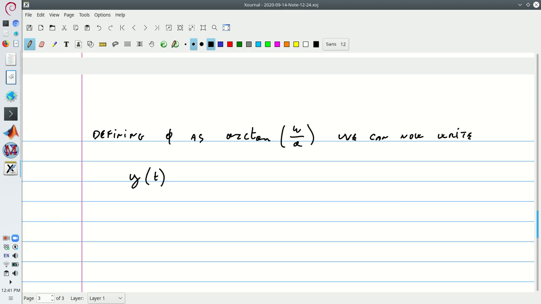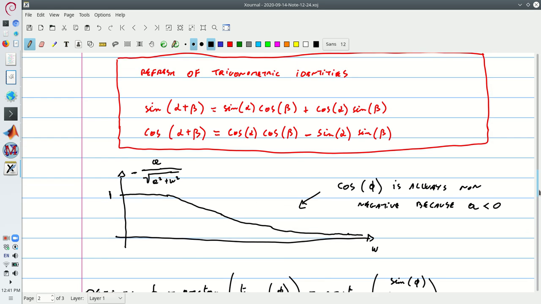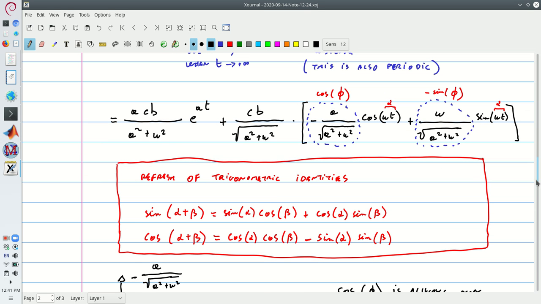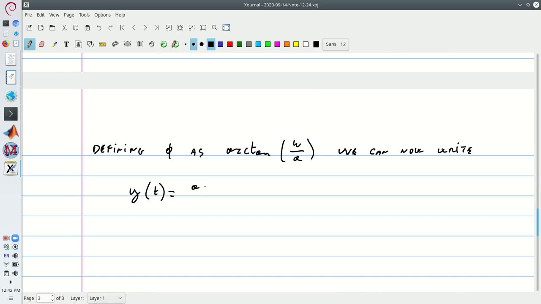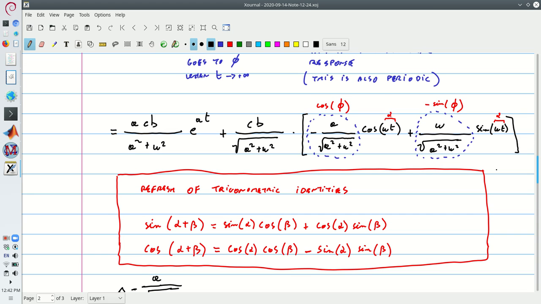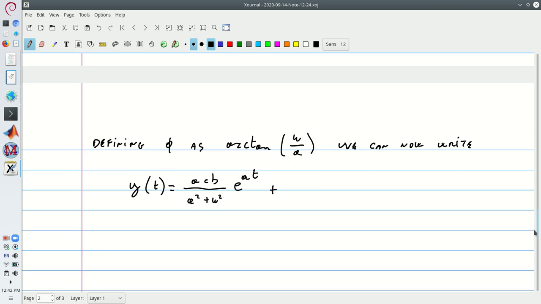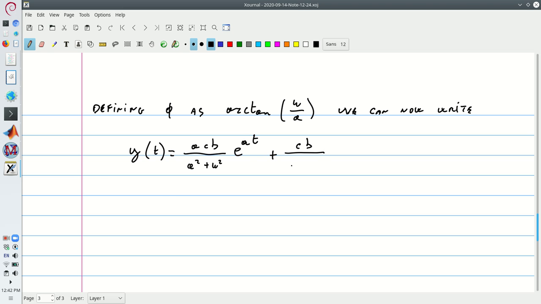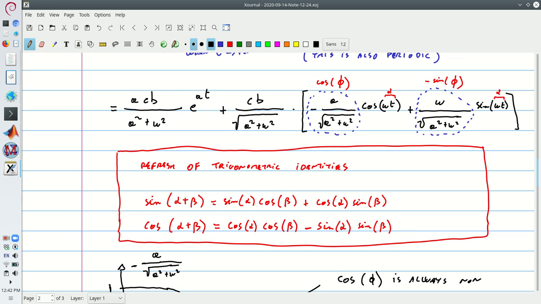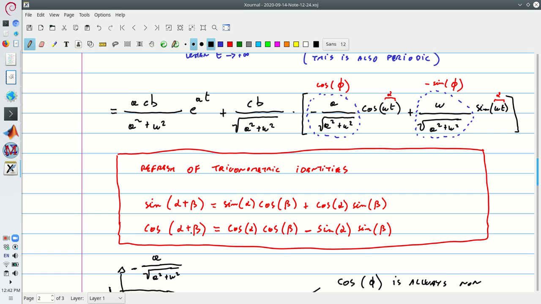y of t equal to, and now we take this part that is transient, C A B divided by a square plus omega square exponential of at. Remember, a is negative, so that doesn't give us any problems because this decays as an exponential, and then we are left with C B divided by the square root of a square plus omega square that multiplies, and now we can apply our trigonometric identity.